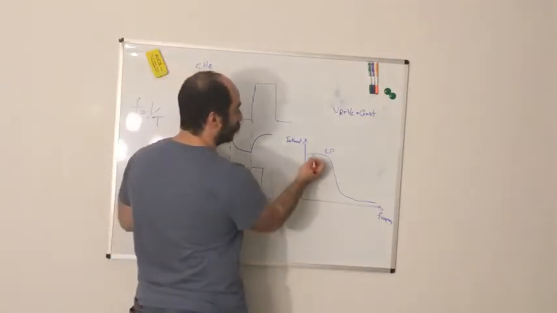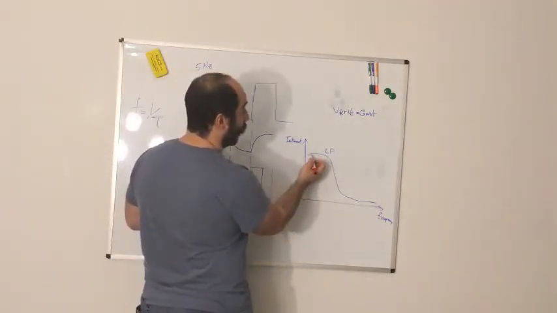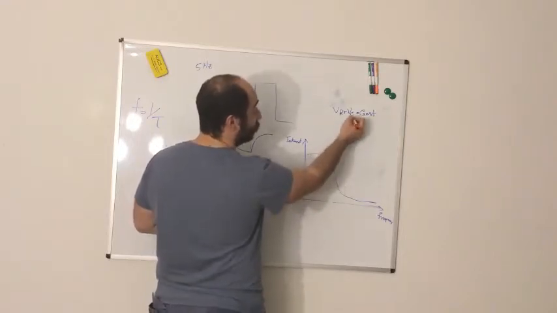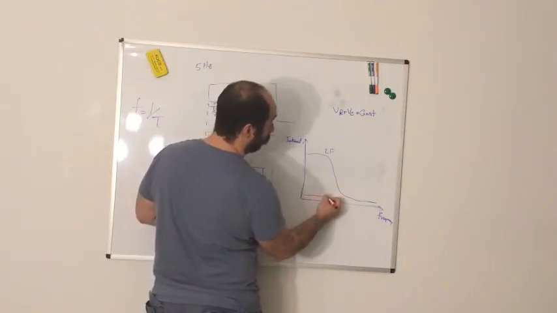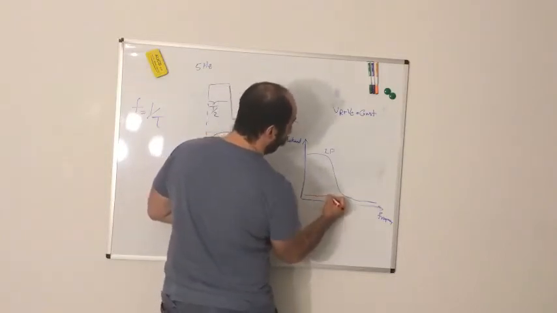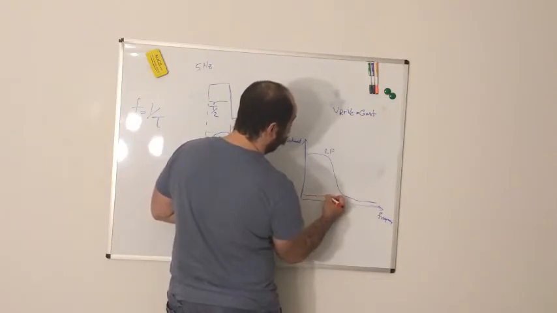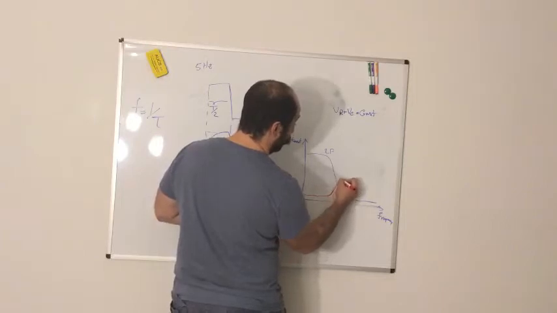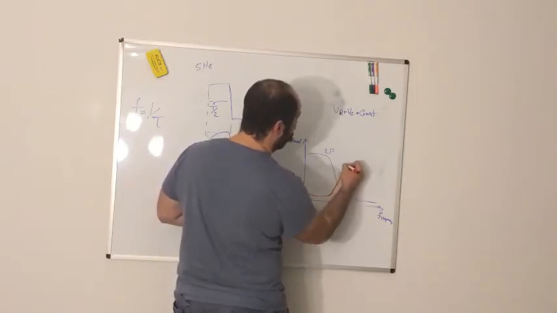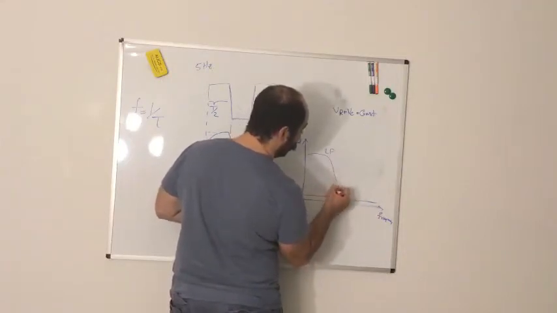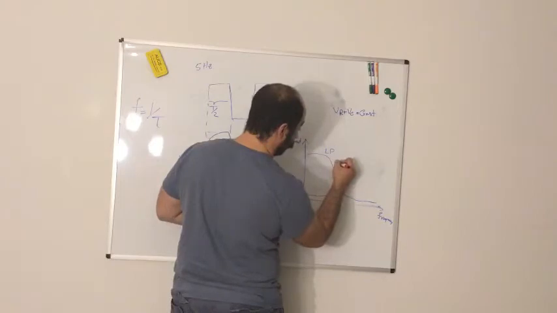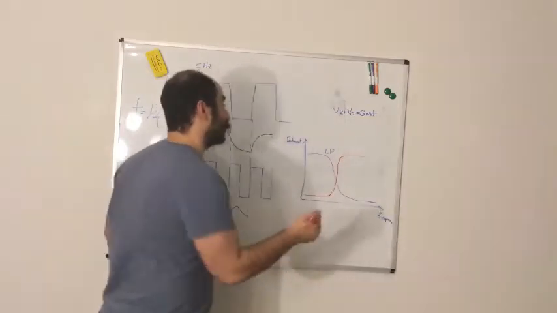So for the low pass, your VC is high, so your VR is gonna be small. And then as your VC starts to decrease, your VR starts to increase, although they should follow the same slope, so I should be careful about drawing it. Yes, this is gonna be your high pass.